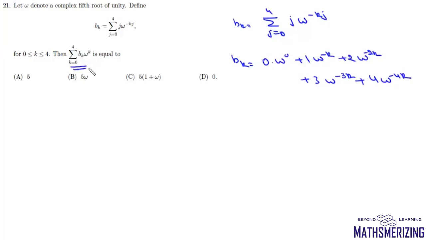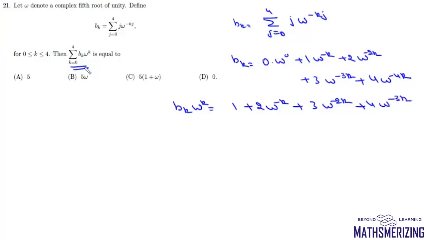Now we need to find the summation k varies from 0 to 4 of b_k times omega^k. Now b_k times omega^k will be 1 plus 2 times omega to the power -k, 3 times omega to the power -2k, and 4 omega to the power -3k.